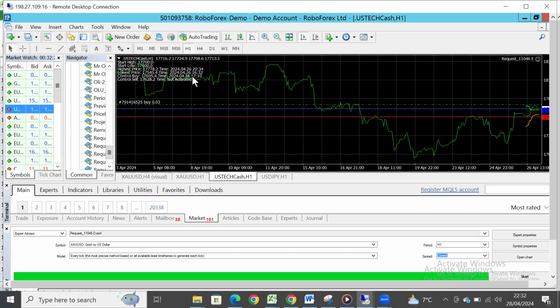So you can see that the market activated the lowest price at 16:32, and then it went to activate the control buy at 17:10, and then it went upwards to the highest price. So now the market may come down to achieve the control sell. Okay, so depending on what happens, but this is expected to flow.